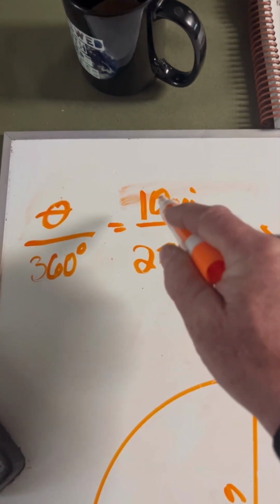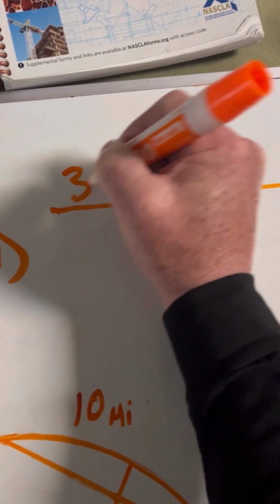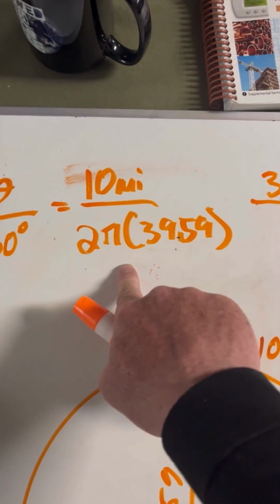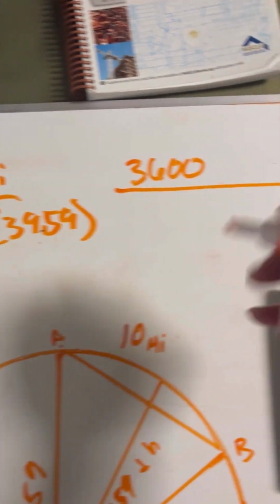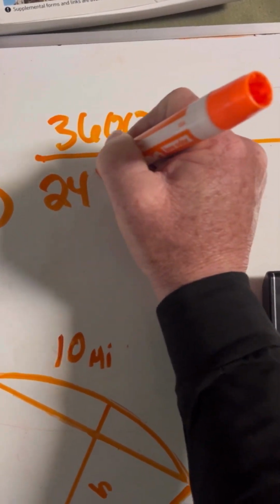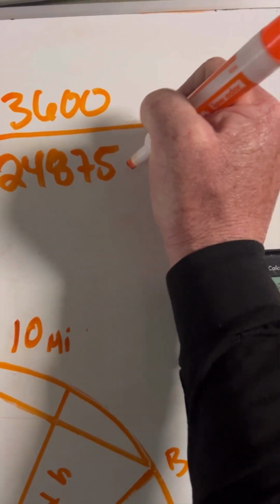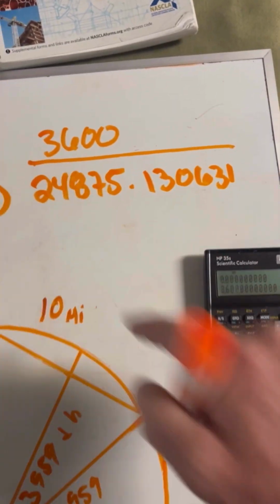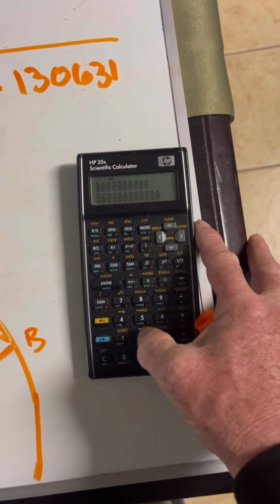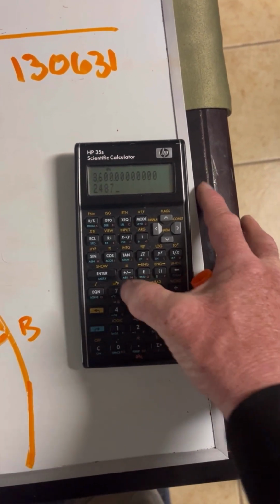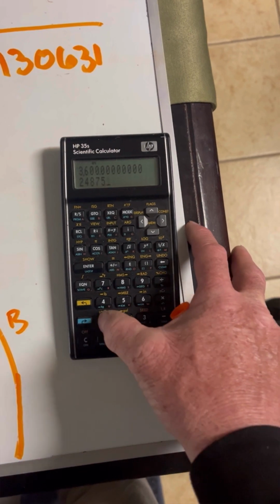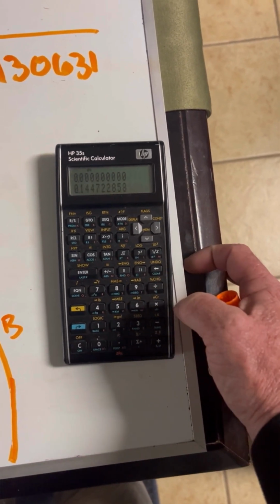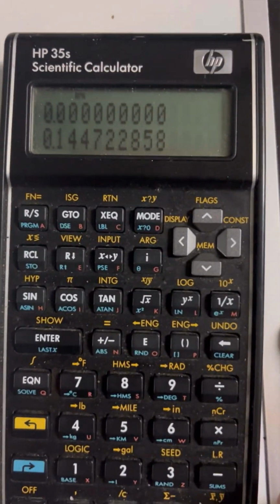So I'm going to multiply it this way, and that's going to be 3,600. Now I'm going to work out this. 2 times pi times 3959 is going to be 24,875.130631. And then we're going to divide that. So that's my angle theta.